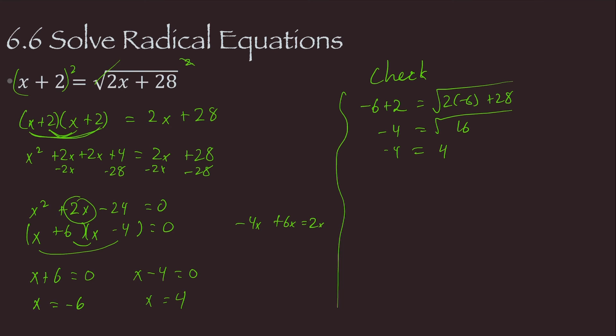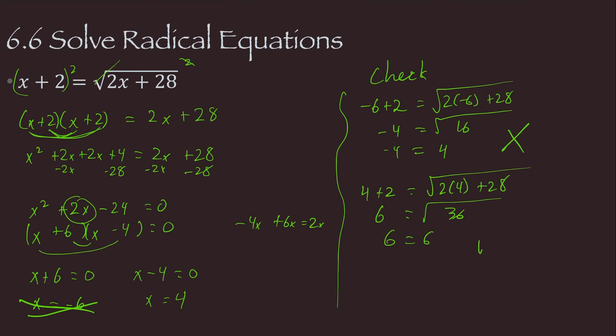So negative 4 equals 4? No. So the negative 6 doesn't work. Let's try the 4. So I'm plugging the 4 into the original equation. And so that gives me 8 and 28 is 36. 6 equals, hey, that works. So 4 is a good answer.